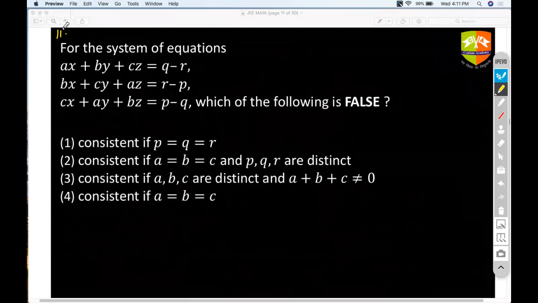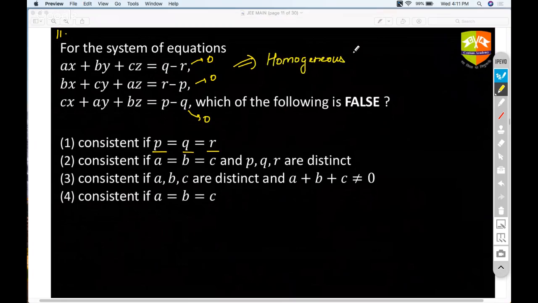Okay, so mostly, I don't know why all of you are saying 1, because if you see, if your P is equal to Q is equal to R, this thing will become 0, 0, 0, right? That means it will result into a system of homogeneous equations, right?